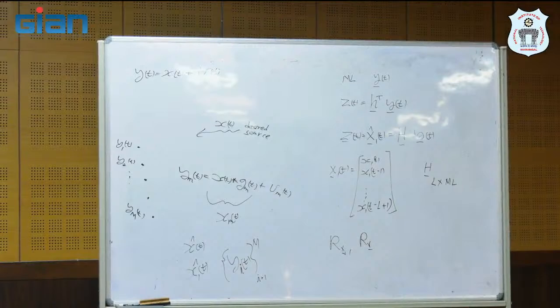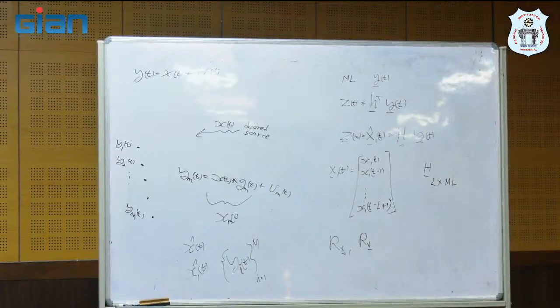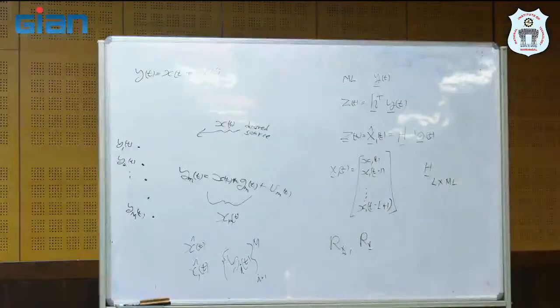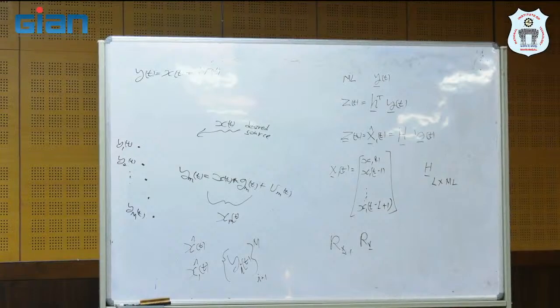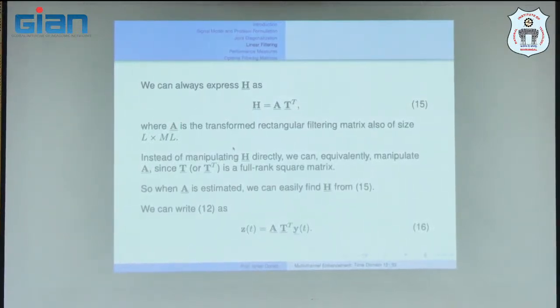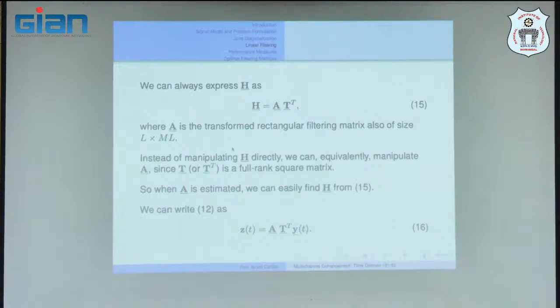Okay, let's continue. In order to find the optimal A, the filtering matrix in the transform domain, we need to define performance measures in the transform domain, and then find the derivative with respect to this filtering matrix and equate it to 0. This is the mathematics behind optimization.